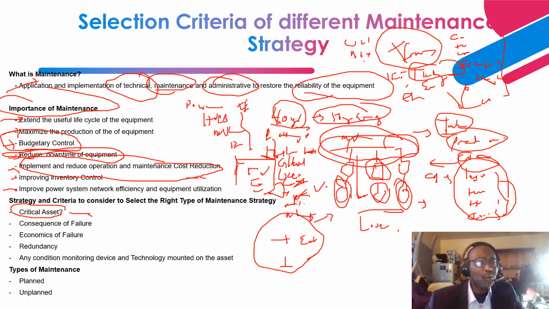For instance, if you have, let's say, 3 or 4 power transformers, and you have 2 power transformers in this substation, and these 2 are feeding critical customers, that should be very important to you.